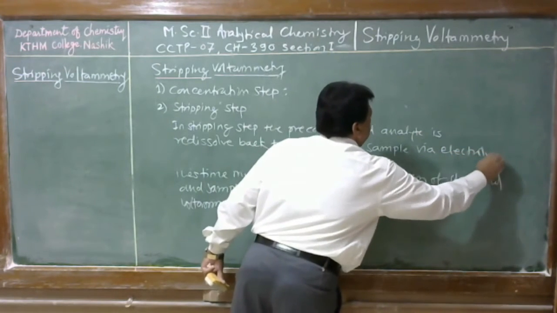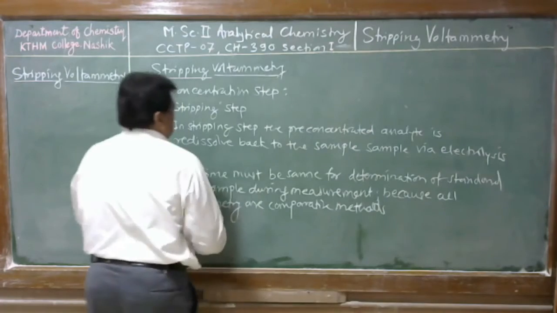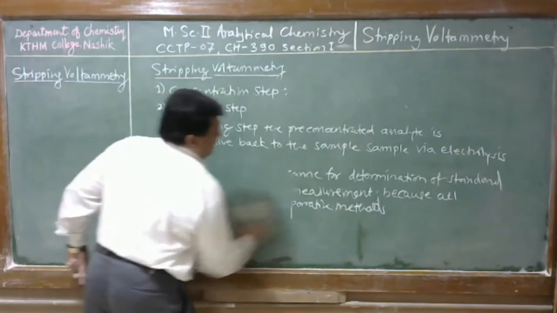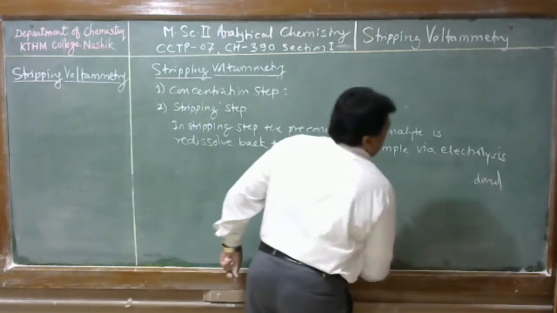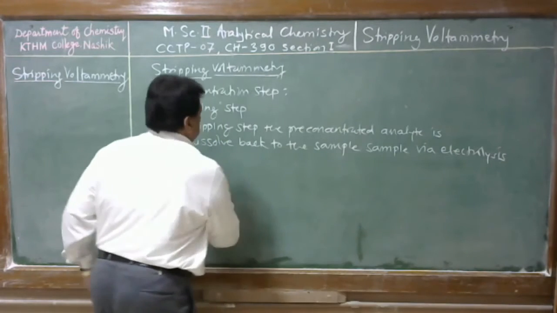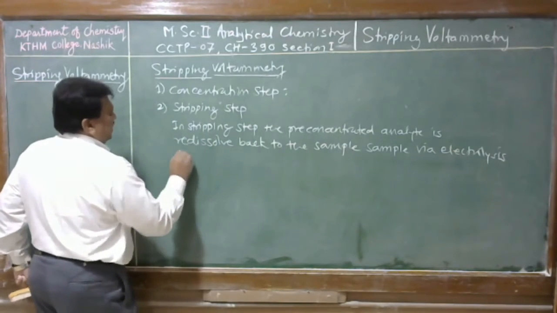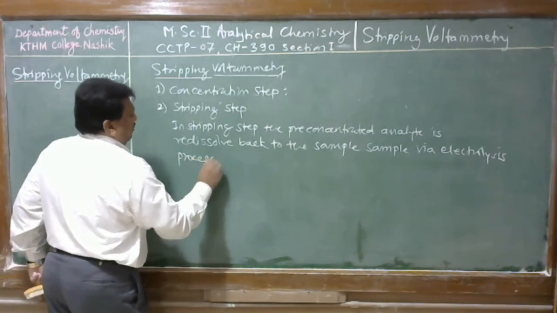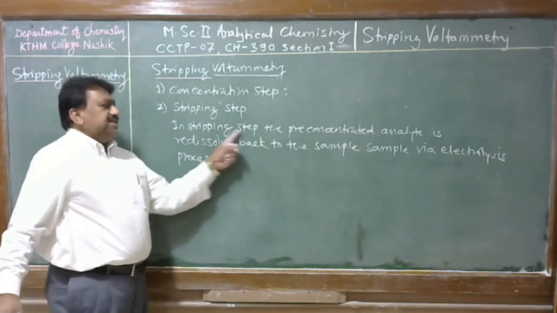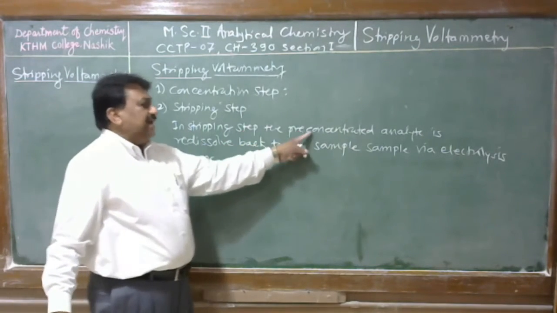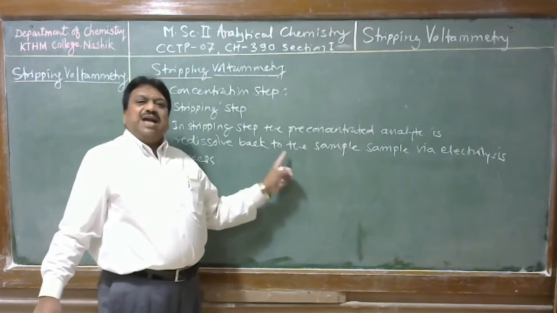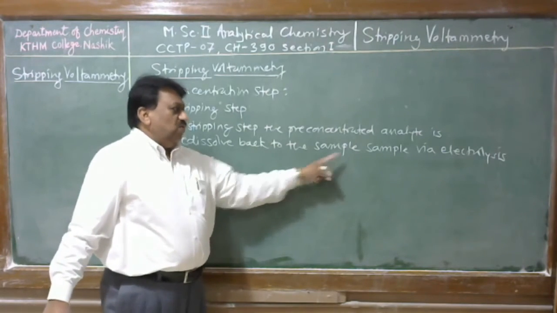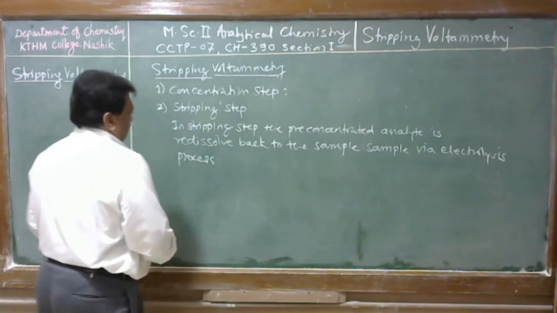That means initially electrolysis process is used to deposit the analyte. Now the electrolysis process is used to redissolve the analyte. Therefore, in stripping step, pre-concentrated analyte is redissolved back into the sample solution via electrolysis process.